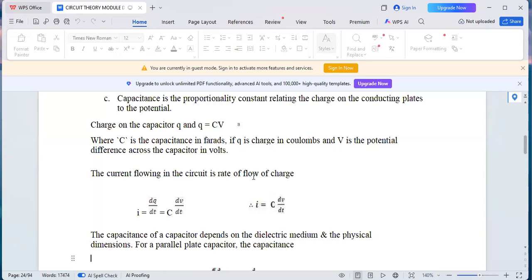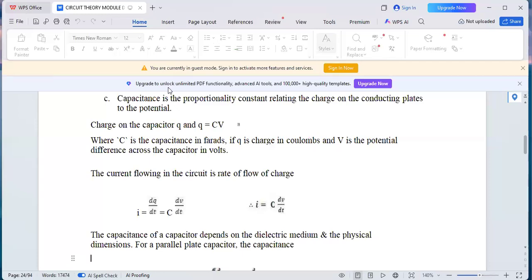We can equally say that the current will be equal to capacitance times change in voltage per change in time, because charge is equal to capacitance times voltage.